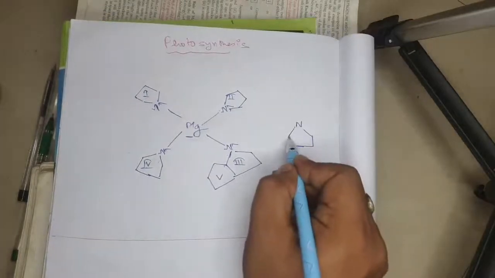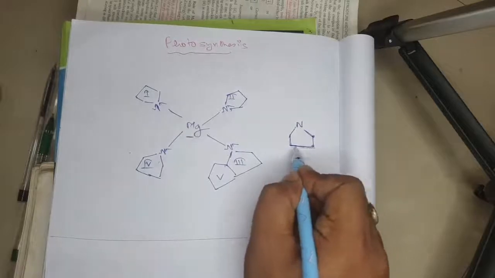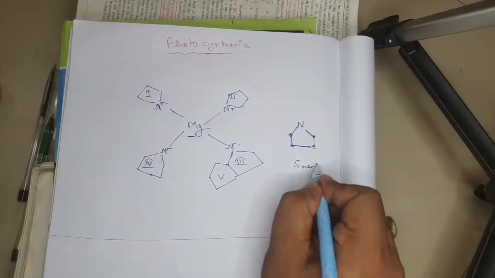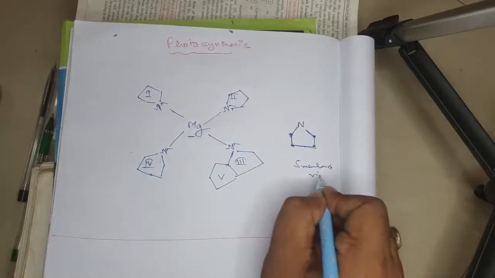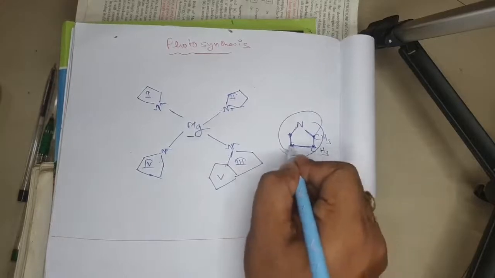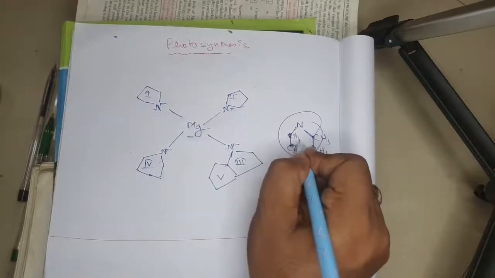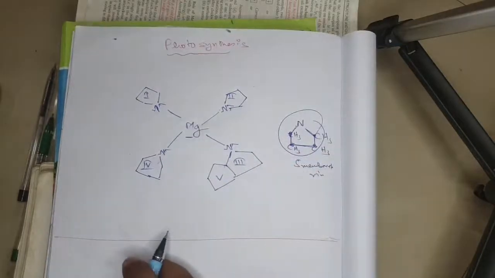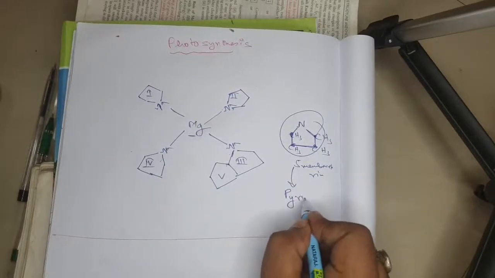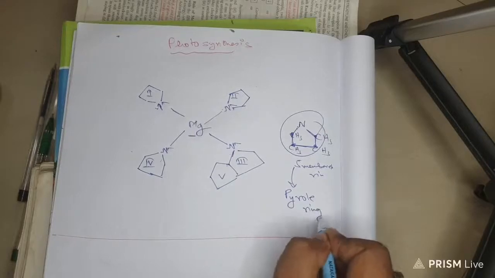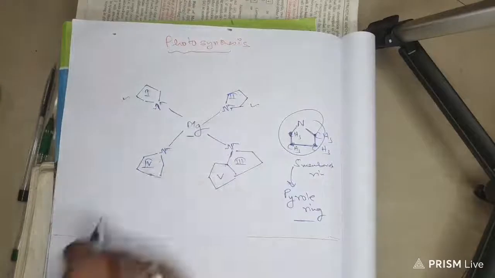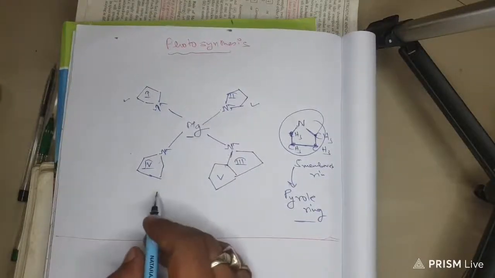A part of a 5 carbon ring. 1 carbon, 2 carbon, 3 carbon, 4 carbon, and 5 membered ring. No, sorry, not 5 carbon, 5 membered ring. Such a ring where there is CH3 here, CH3 here, CH3 here, CH3 here, and this is N. Such a ring is known as a pyrrole ring. So ring number 1 is a pyrrole ring, ring number 2 is a pyrrole ring.